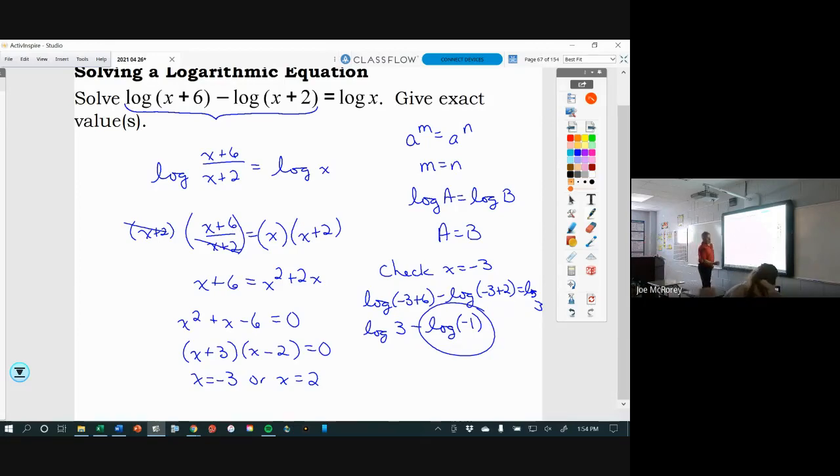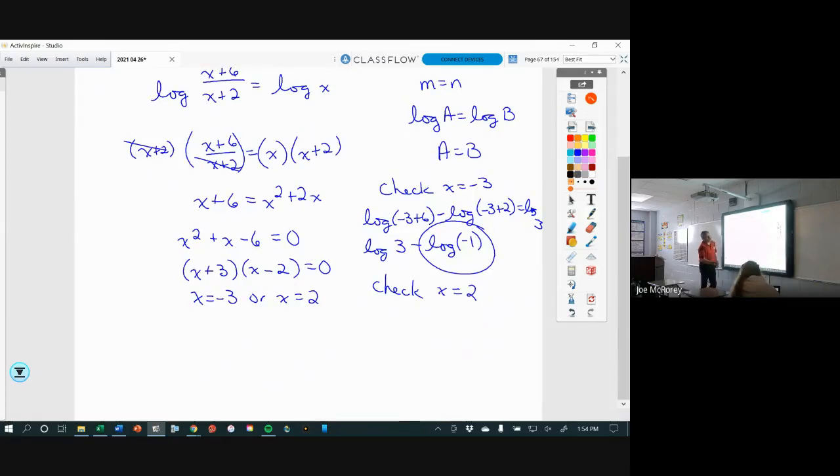If we check the positive 2, we have log of 2 plus 6 minus log of 2 plus 2 equals log of 2.